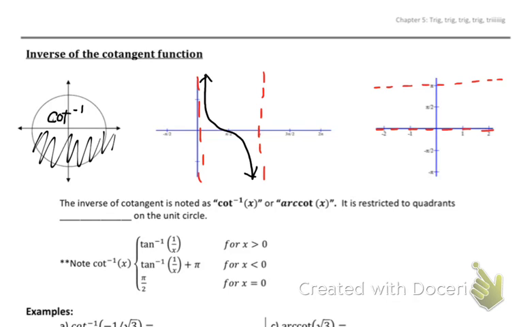Now if you can kind of picture this getting flopped, it's going to go down as well. So because cotangent goes down, cotangent inverse goes down too. This is my cotangent inverse. And we are in quadrant 1 and 2, so I'm going to fill that in there, 1 and 2.